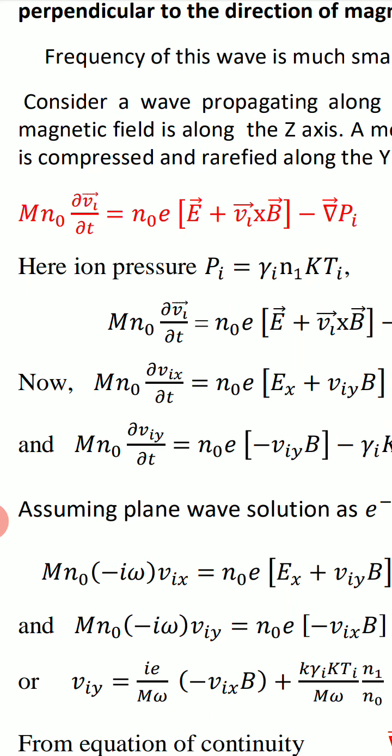M, capital M, which is the mass of ion, N0 dV1/dt equals N0 e into E vector plus V1 vector cross B vector, minus del Pi.